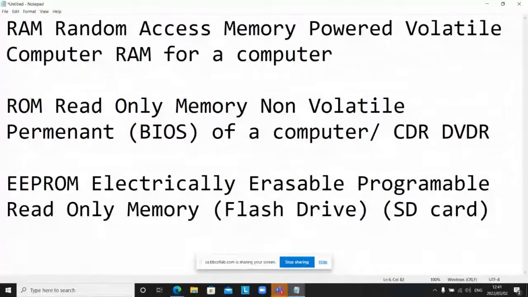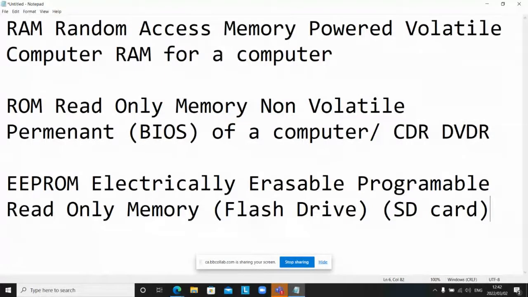We first had RAM and then we had ROM, and then as technology advanced, we came up with something called EEPROM, electrically erasable programmable read-only memory. So it's basically RAM and ROM mixed. So it is ROM until you erase it. Then you can rewrite on it.